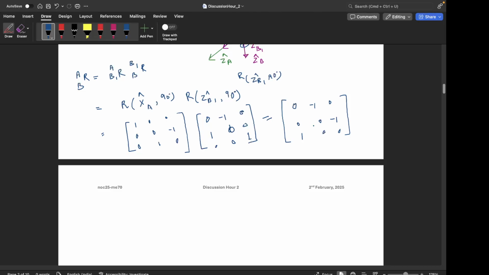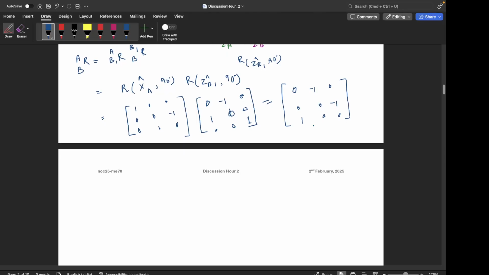All right. Now we can verify the properties that we have seen above, right? So first is that R transpose times R is identity, right?